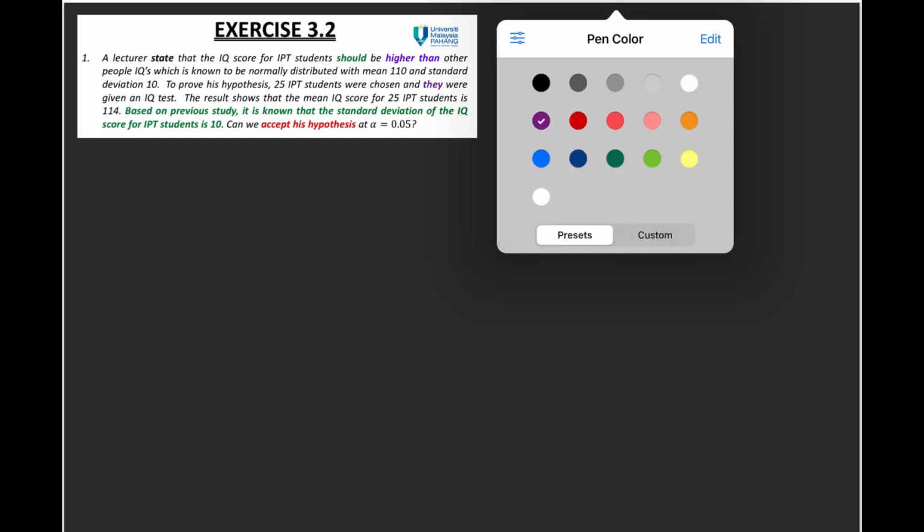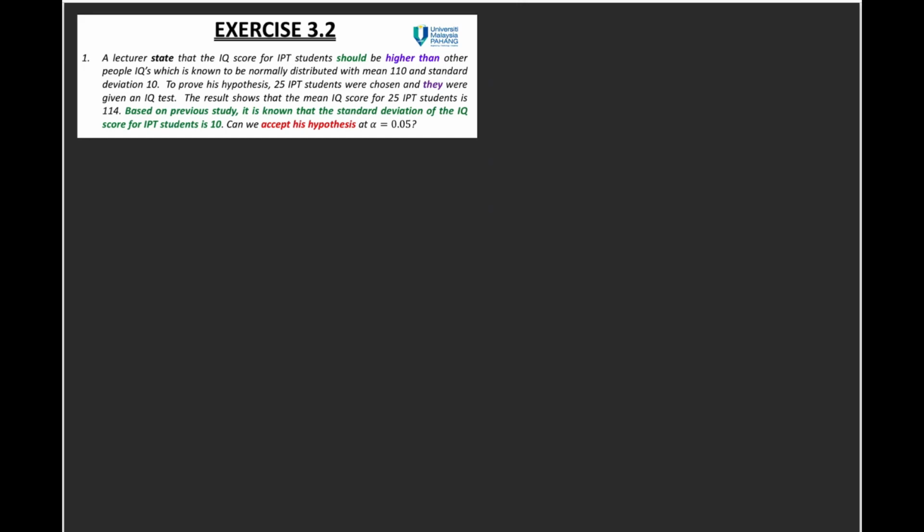Alright, let's try to do exercise 3.2, number 1. Hypothesis testing for one population mean. Okay, read the question one by one. The lecturer states that the IQ score for IPT students should be higher than the other people's IQ, which is known to be normally distributed with mean 110 and standard deviation 10.